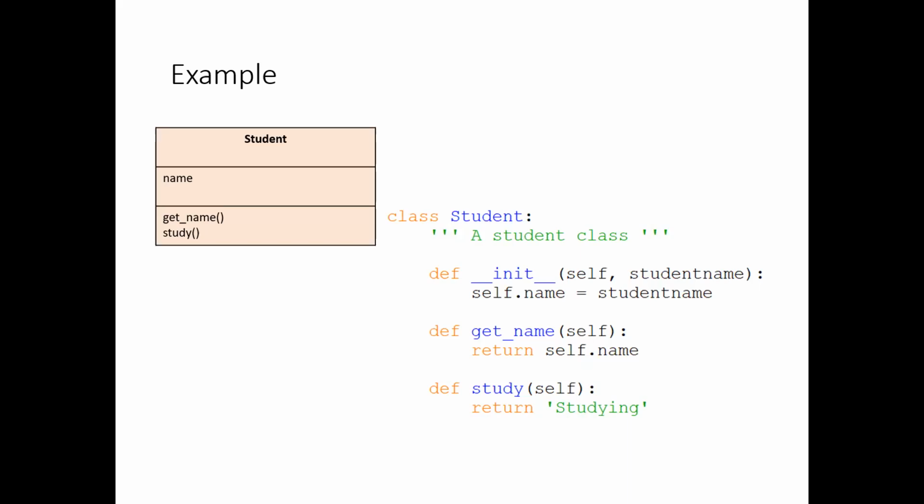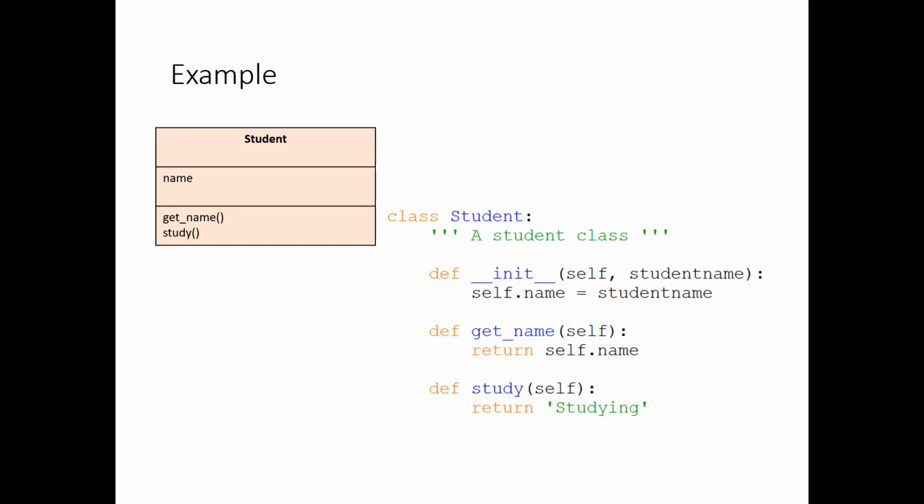The very simple example we discussed last time is a student class with one variable and two methods. We start by defining the class Student, and then we have an init method. Remember, although I sometimes mention this as a constructor, it is not really the constructor in Python.